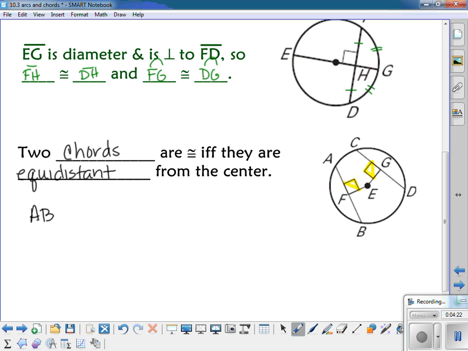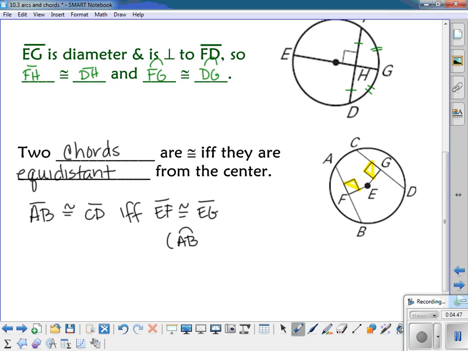And so in order for the chords to be congruent, AB is congruent to CD if and only if EF is congruent to EG. And then because the chords are congruent, you know that the arcs are also congruent.